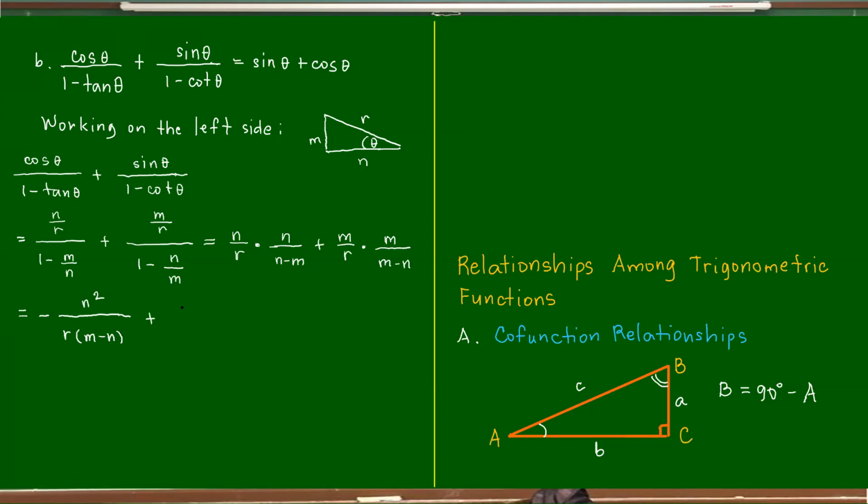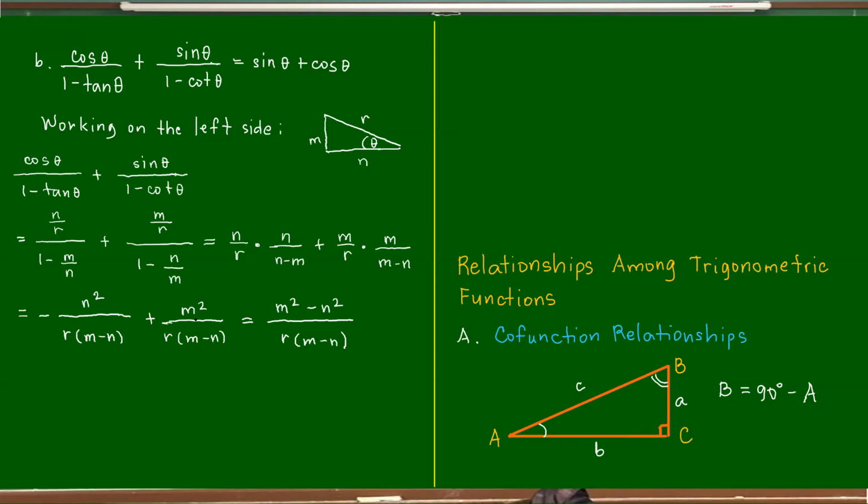The second term is m squared all over r, m minus n also. Since they now have the same denominators, we can combine the numerators: m squared minus n squared, all over r, then m minus n. Okay? So that's it.